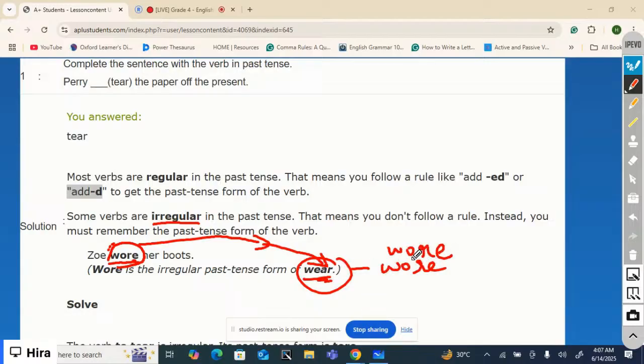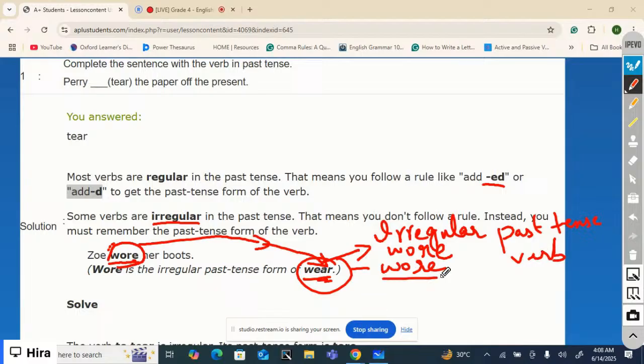So it is not following any rule of adding d or ed because it is not a regular past tense verb. It is an irregular past tense verb. Wore, it changes the spelling, it changes its form. So wore is the irregular past tense form of the verb wear.